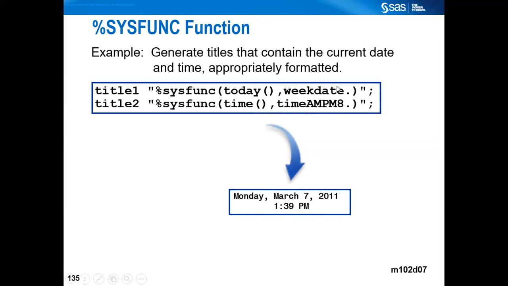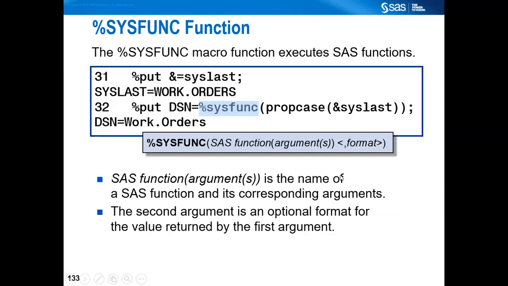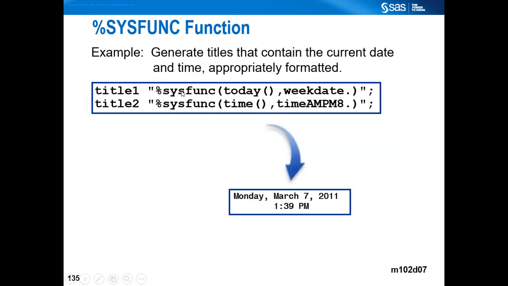And same thing with weekday: it's telling which weekday, which month, which day, and which year. So you can apply formats on these macro variables when you are extracting the information. That's what this syntax was: sysfunc can be used on a SAS function, give the arguments and apply formats. Okay, so that is what this example is. All fine?